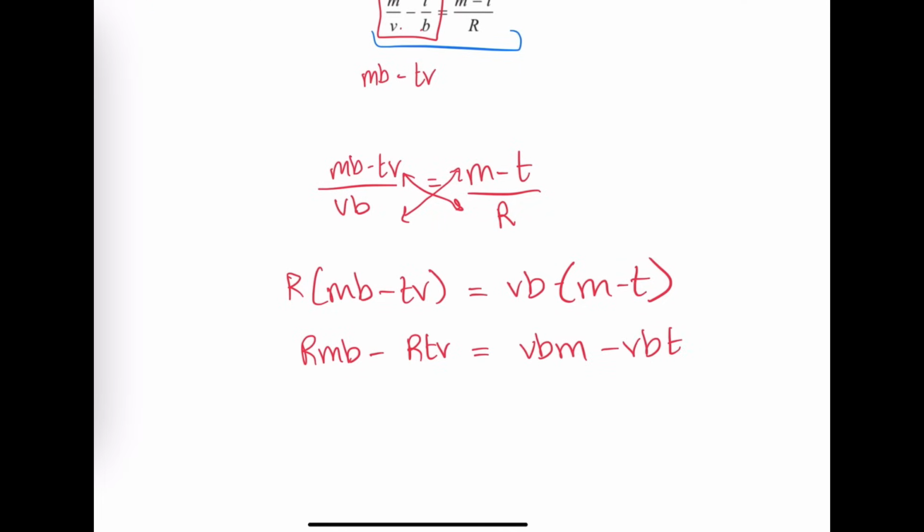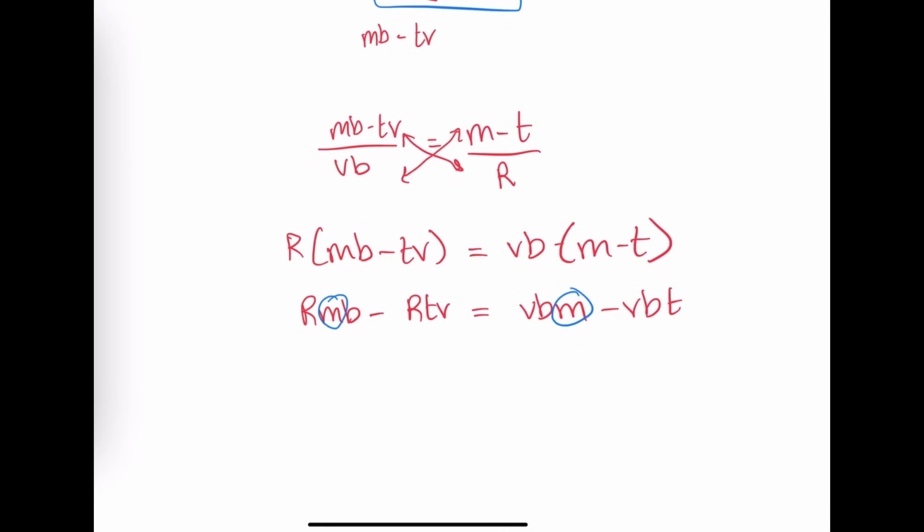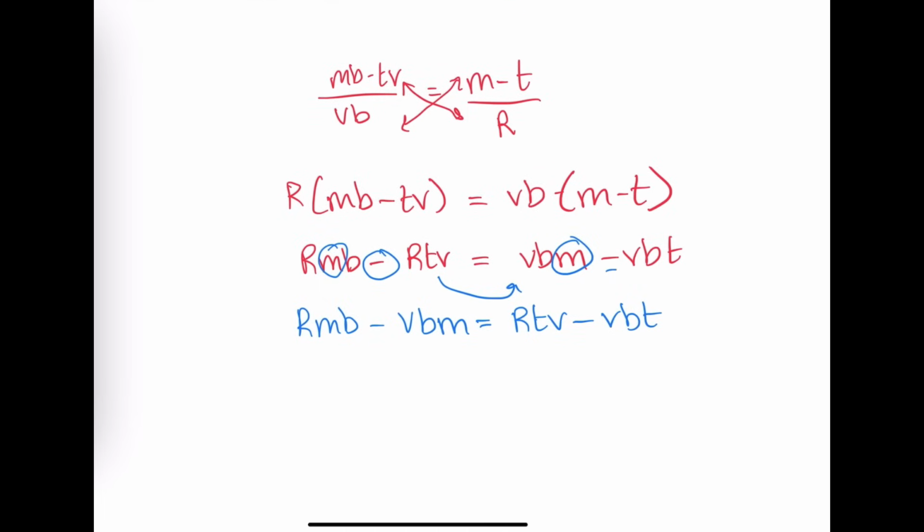Now let's put everything with an m on one side and all the others on the other side. So we'll keep this RMB, this is minus VBM, and then we just need to take this to the other side. So it'll be RTB, since it becomes a positive, and this stays a negative, so minus VBT. Now we're going to factorize m out because it is a common term in both of them.